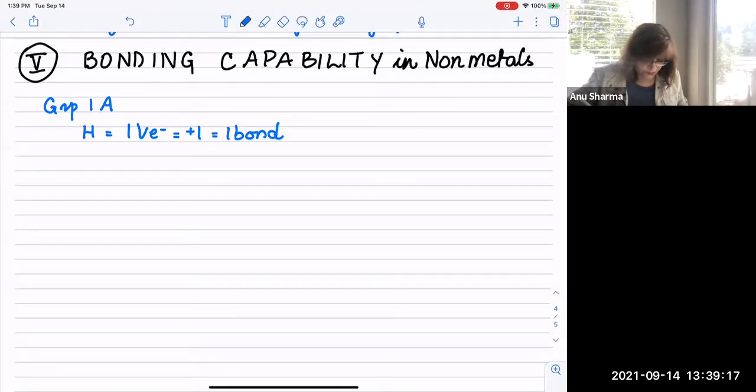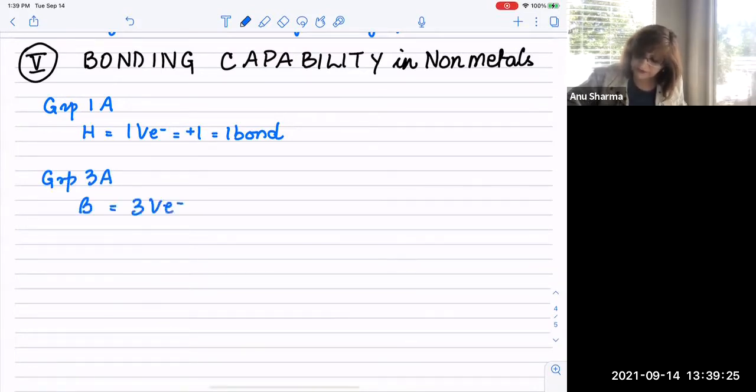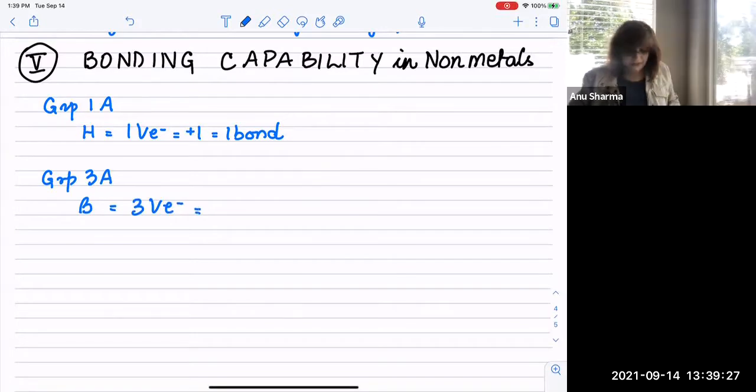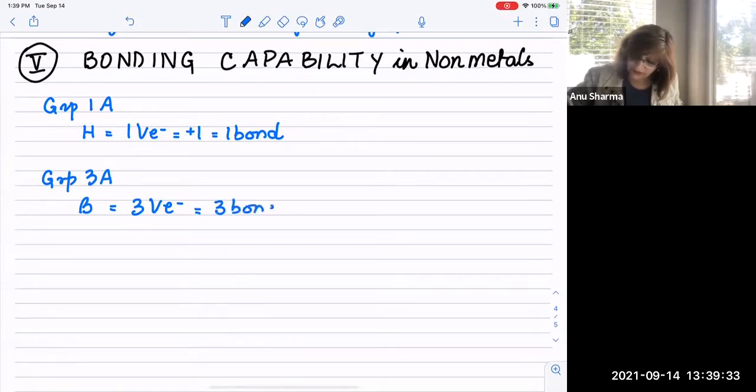Then comes group 3A, and here we have boron. Boron has 3 valence electrons, and it will generally form bonds by sharing 3 valence electrons, so it will form 3 bonds. Okay, and these bonds are formed by sharing.